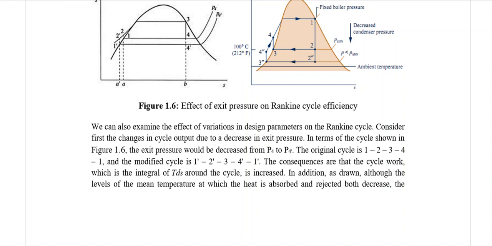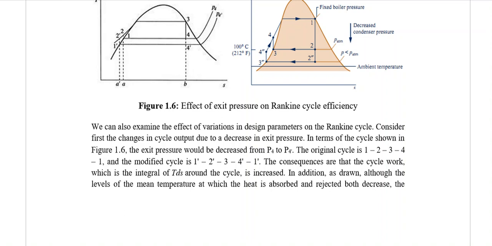It is because if you want to decrease the pressure, you would be installing vacuum pumps and so on, and that would add power demand to the system, and we would not require that. So the condenser pressure is normally kept at 1 atm, while the boiler pressure depends on advancement in material research.